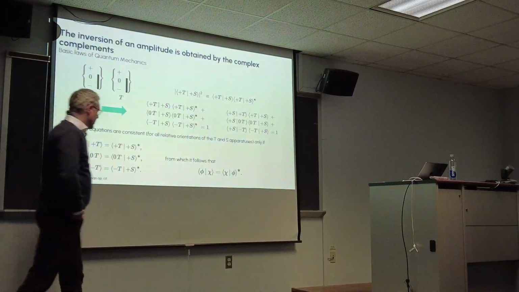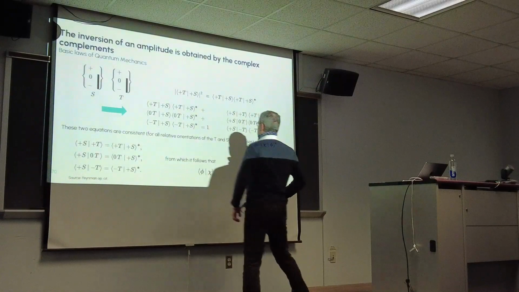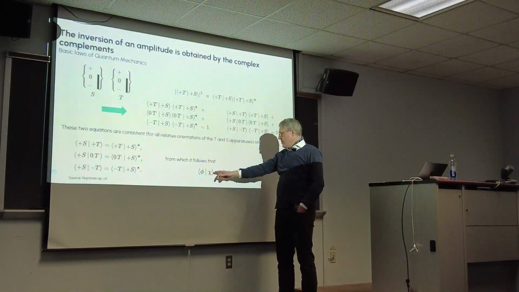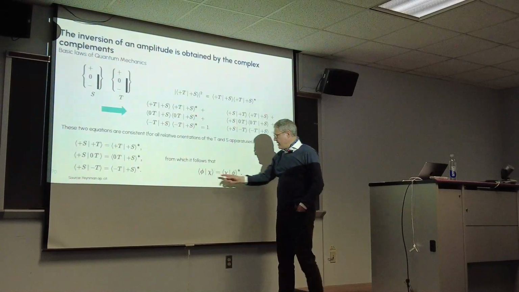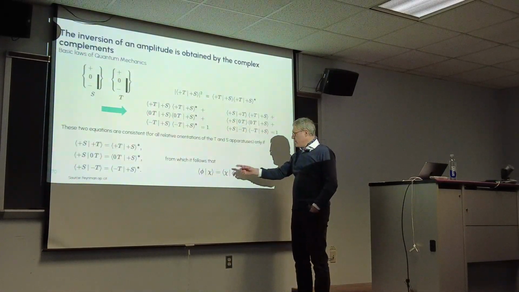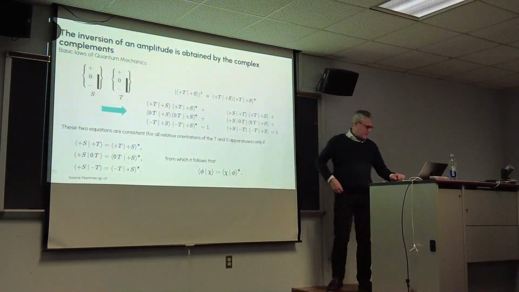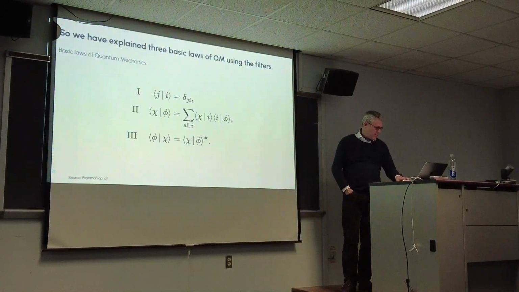So basically from this you can follow that the amplitude to go from chi to phi equals the amplitude from phi to chi complement. And that's very important for later on. So this is a basic law of quantum mechanics.